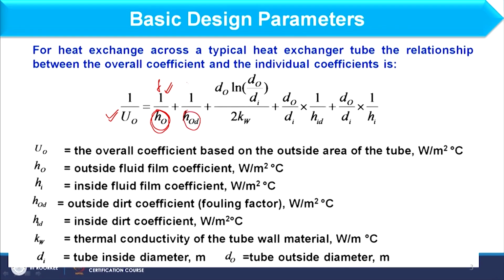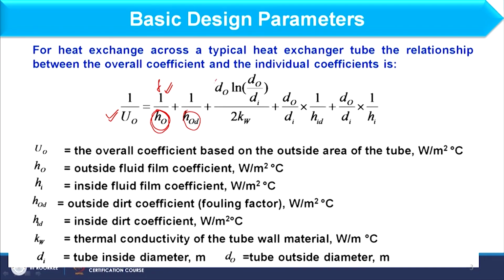HOD is basically not the dirt factor, this is the heat transfer coefficient of dirt. So, here we have this HOD as the dirt coefficient which is available at the outer surface of the inner pipe.